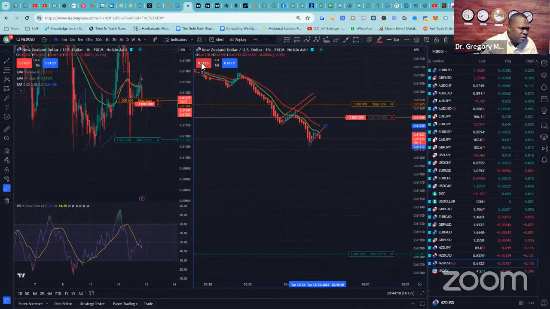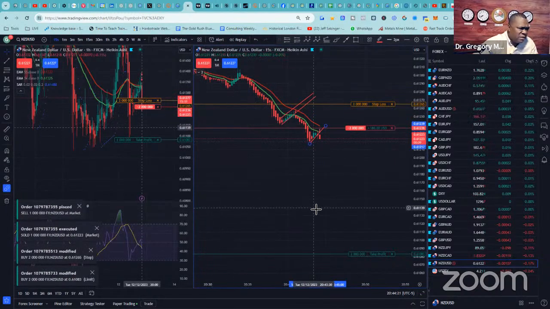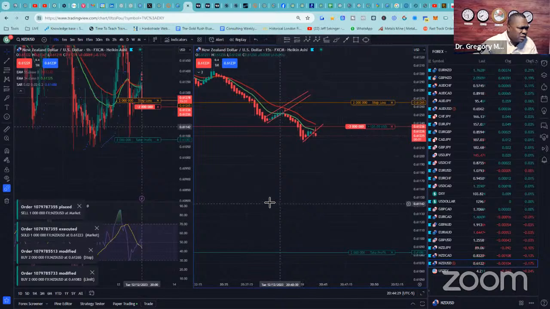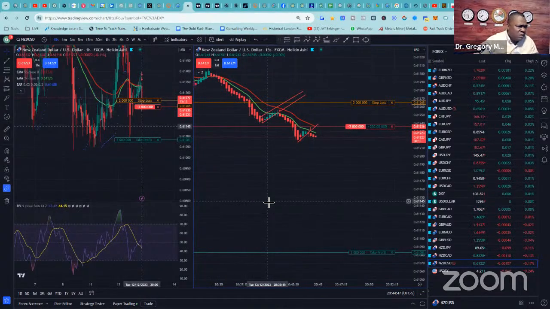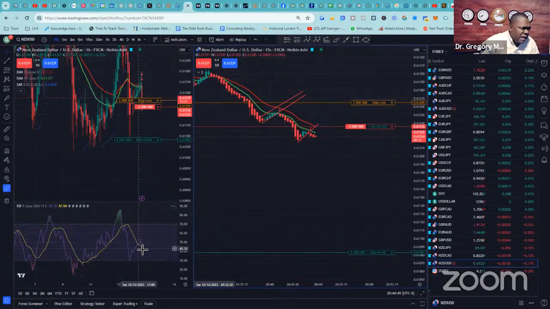Oh, we got another. As soon as I see a candle break, I'm in it to win it. Try not to take any flak to the upside. And I'm just going to use this RSI. So this is like the King Midas strategy.